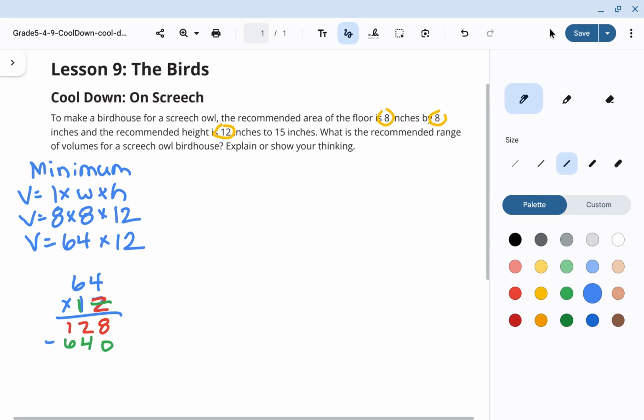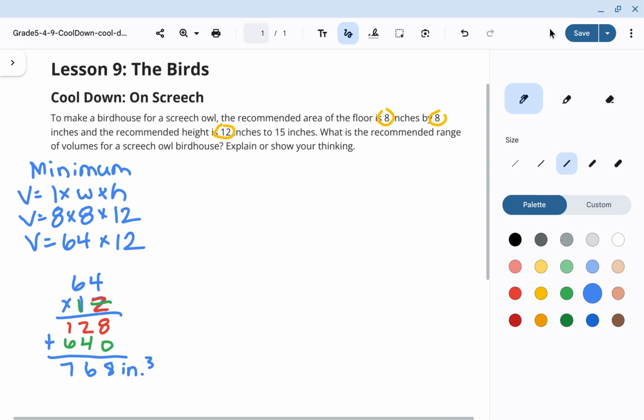Well, let's add this together. 8 plus 0 is 8, 2 plus 4 is 6, and 1 plus 6 is 7. So at minimum, I'm going to need my volume to be 768 inches cubed. That's going to be the minimum volume for the birdhouse.